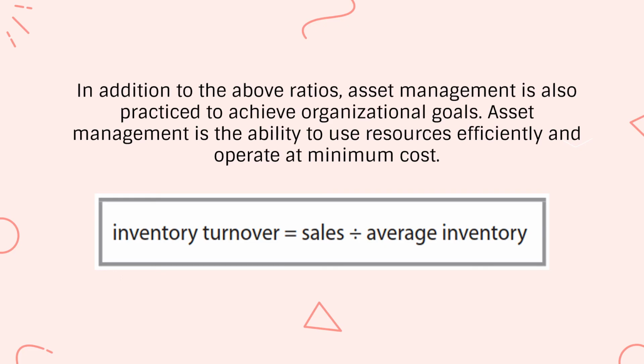Kasi, if we divide the sales to the average inventory, makikita natin kung paano natin nagamit yung average inventory na yon in order to come up with the sales. So, again, inventory turnover equals sales divided by average inventory.